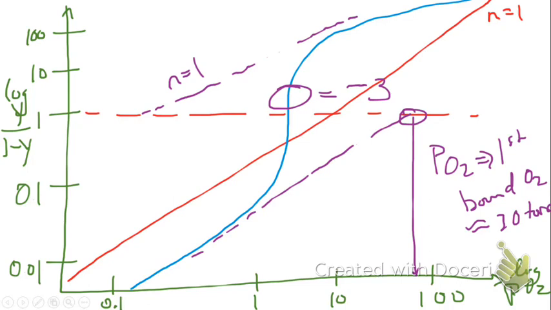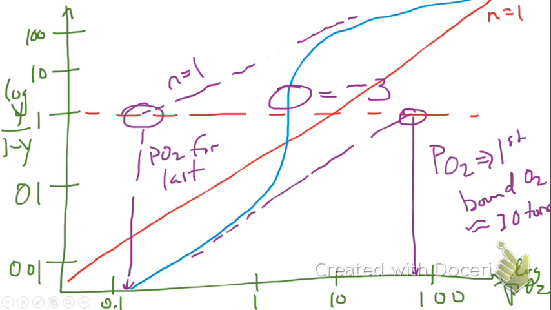Then we look at where the other asymptote crosses and drop it down to about there. This is the partial pressure of the last oxygen bound. It needs a lot less partial pressure to bind the last oxygen than the first, which is what cooperativity is all about.